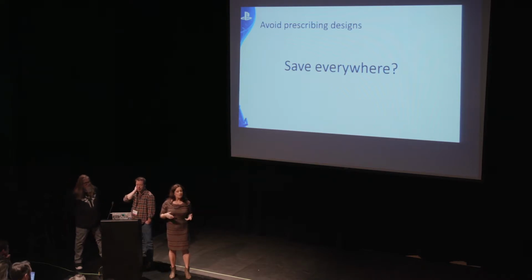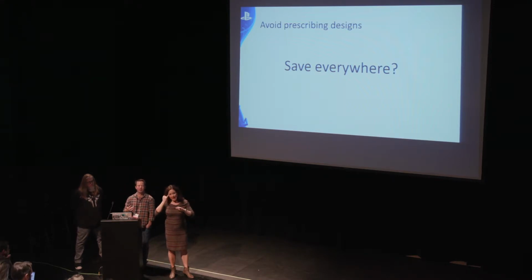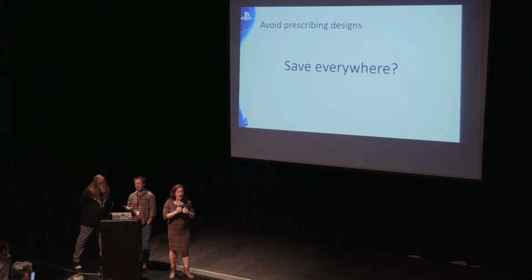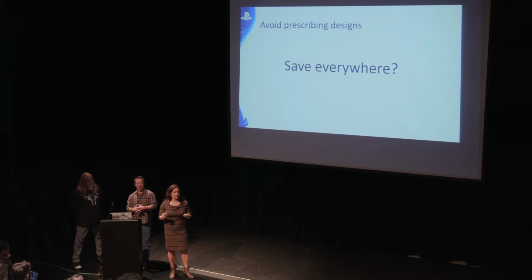So another thing that we noticed, especially when we're trying to go out and look at all of the great ideas that are out there for how to try to manage accessibility issues, is that in some cases there can be some rejection of potential solutions because they're prescribing design, or they're sort of telling the designer what to do or how to solve a particular problem.